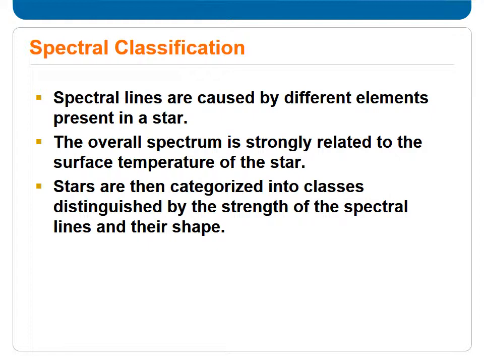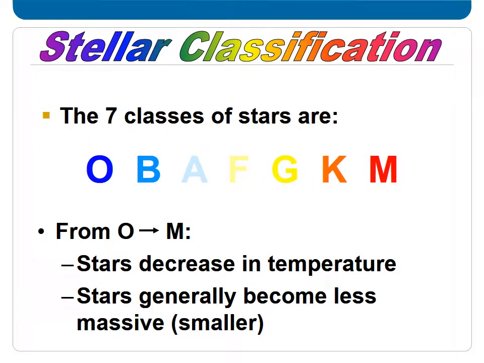Stars are then categorized into classes distinguished by the strength of the spectral lines and their shape. There are 7 classes of stars, O, B, A, F, G, K, and M. From O to M, stars decrease in temperature and mass, but increase in lifetime.